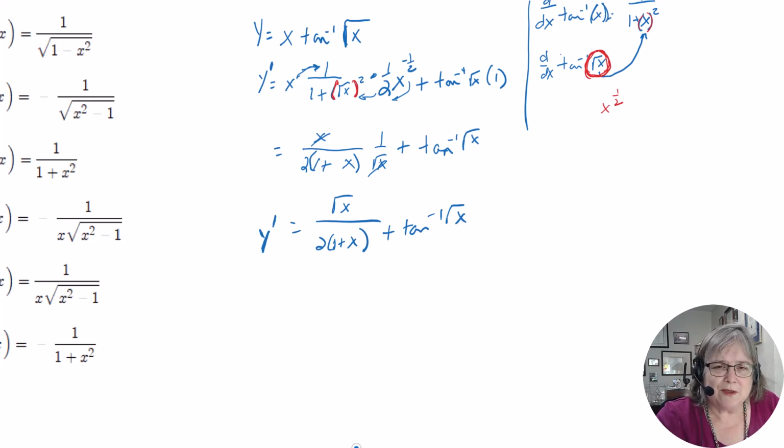Okay, so if your teacher still wants you to clean them up, then what you would need to find is your least common denominator is 2 times (1 plus x), and you would multiply this by 2 times (1 plus x), top and bottom, in order to get a common denominator and pull them together. All right, so that's totally up to you.